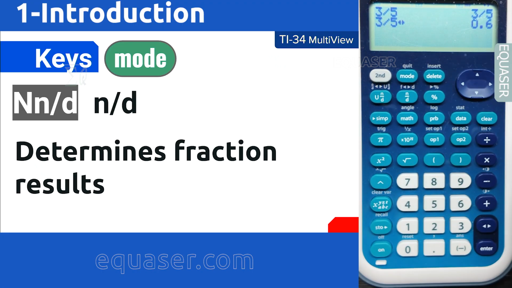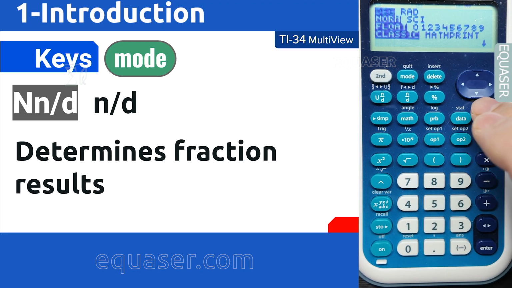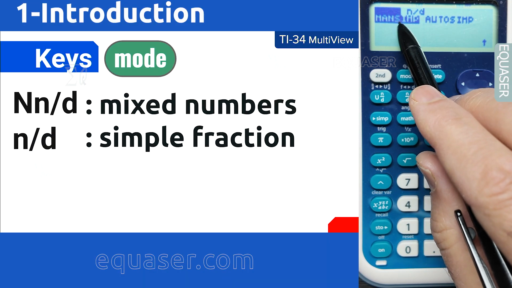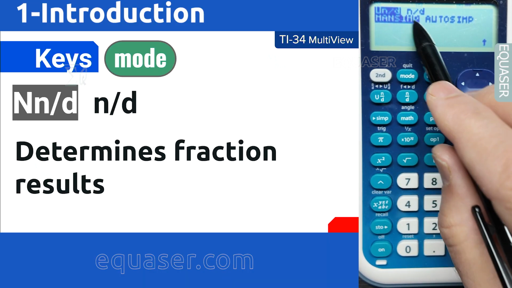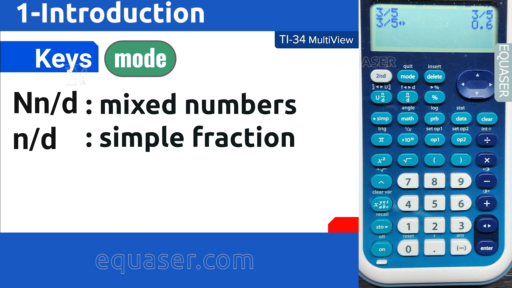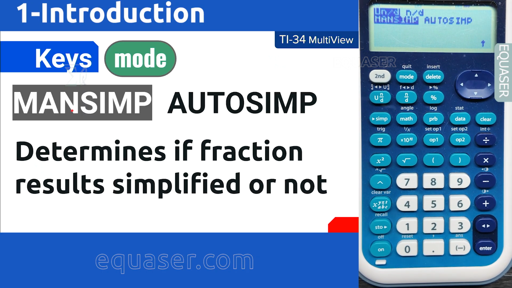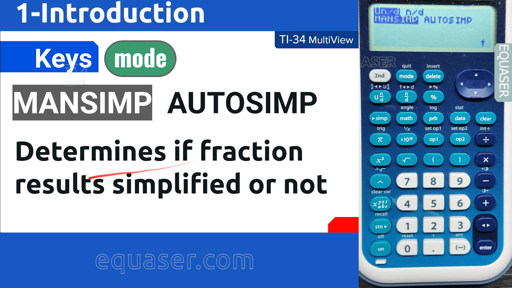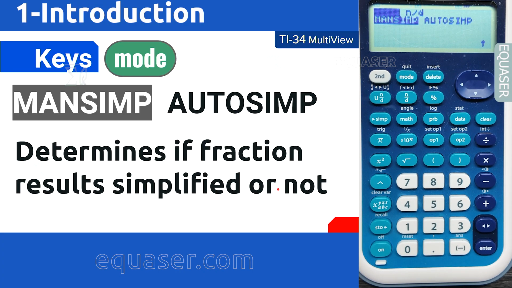And if I go, this second screen determines the fraction result, how it's displayed. Capital N over D is mixed numbers or mixed fraction. This is improper fraction or simple fraction. Now this manual simplification determines if the fraction result is simplified or not.